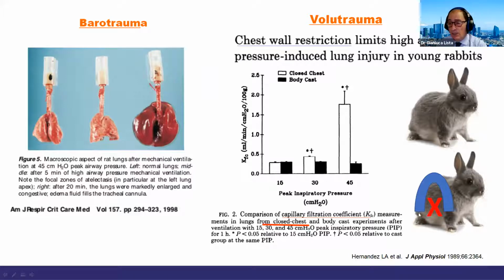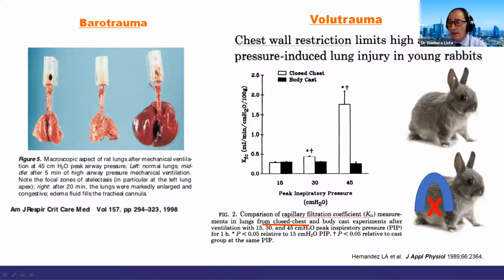In one situation, the preterm rabbit was maintained with the chest closed. The chest wall was not allowed to allow a variation of volume after the application of pressure. The other group of preterm rabbits had a chest wall that was free to move after the application of pressure.